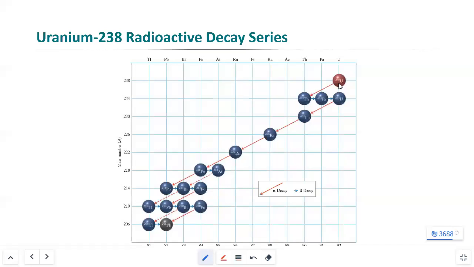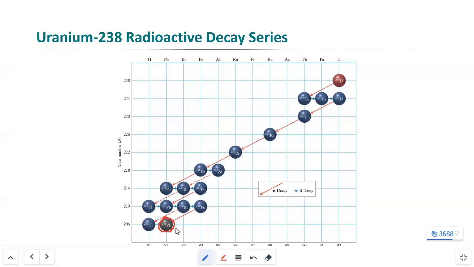If it undergoes its natural processes of radioactive decay, it is first going to go through an alpha decay, then it'll go through a series of beta decays, then it'll go through a series of alpha decays, and then depending upon circumstances, it might go through some beta decay, it might go through some more alpha decays, until eventually it gets all the way down here to lead-206.